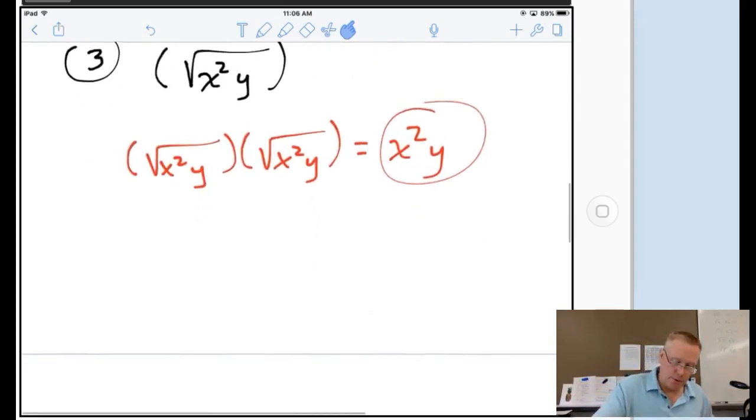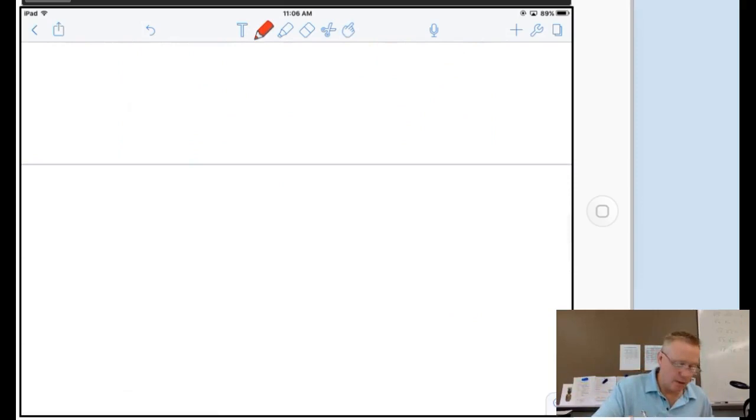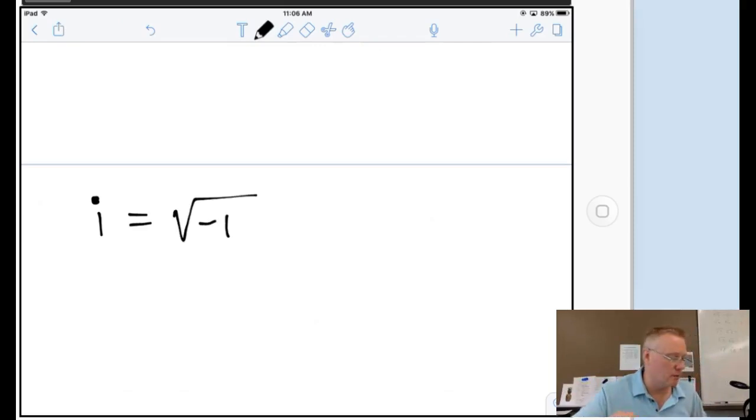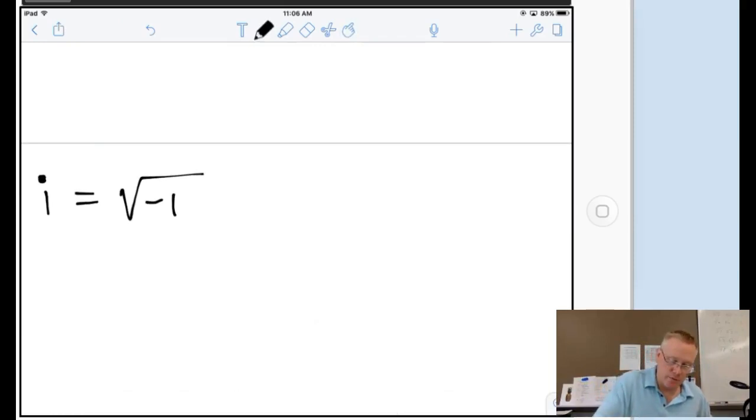Okay, now I'm going to introduce a new thing to you guys. It's called an imaginary number, and it's the variable i. Lowercase i is the imaginary number, and it represents the square root of -1, okay? There's two major categories of numbers.